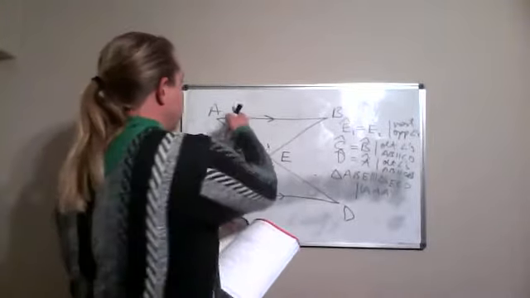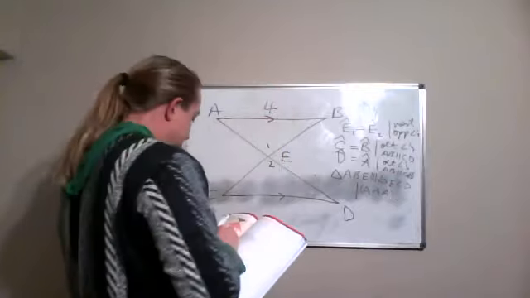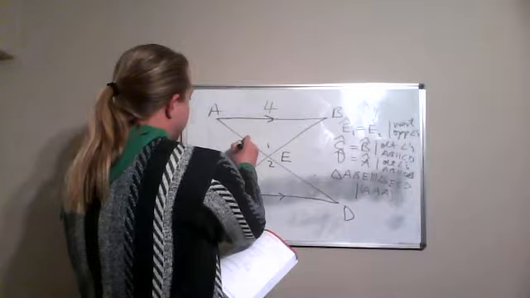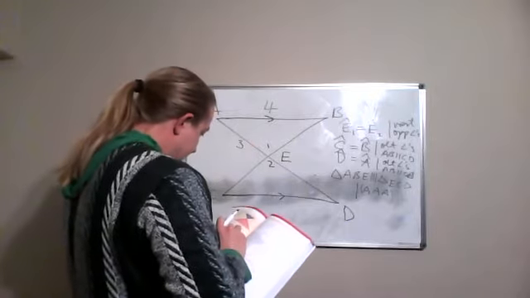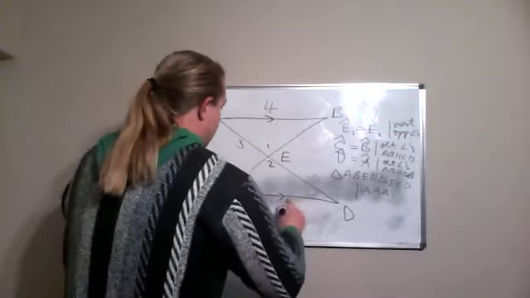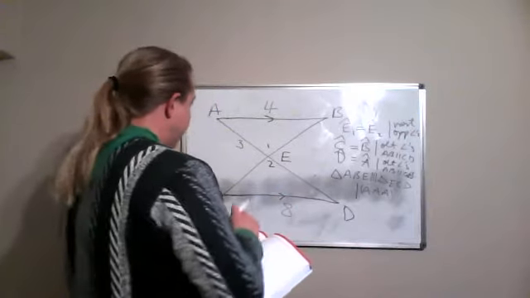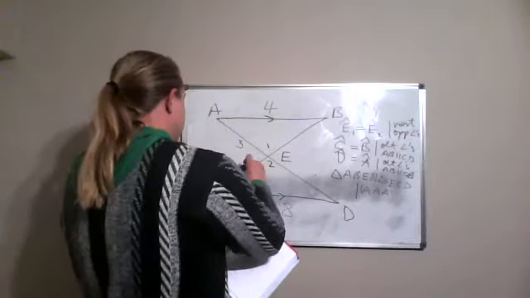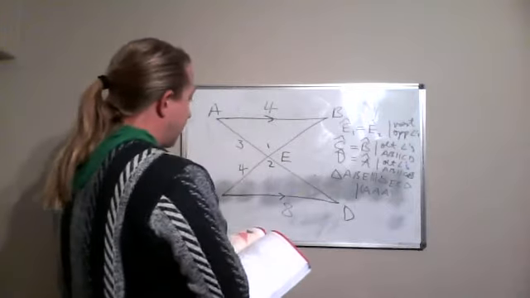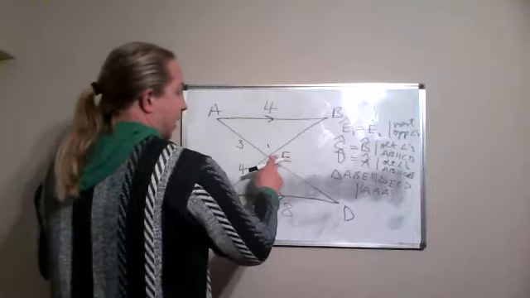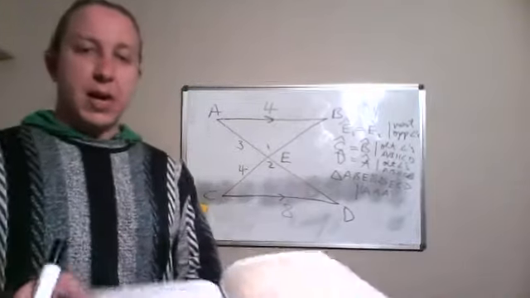AB is 4, AE is 3, CD is 8, and CE is 4. What they want us to find is ED, so that's the distance that we need to get.